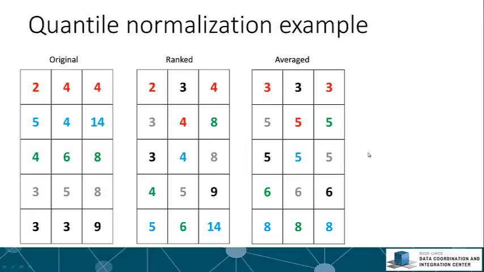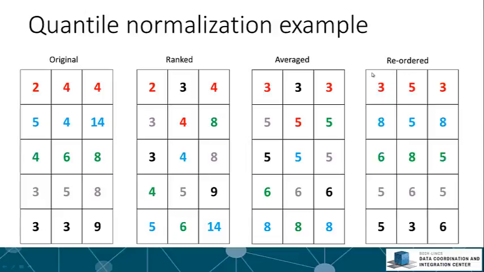Then, finally, we reshuffle the rows within each column in order to restore the rank order. And here, finally, is our transformed data set. This is our quantile normalized version of our expression values.